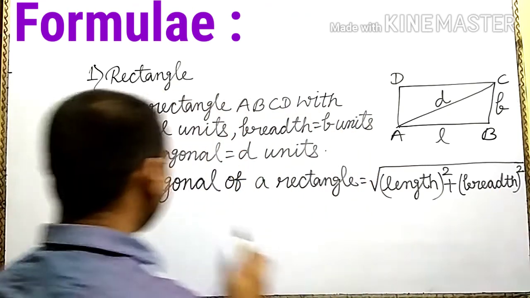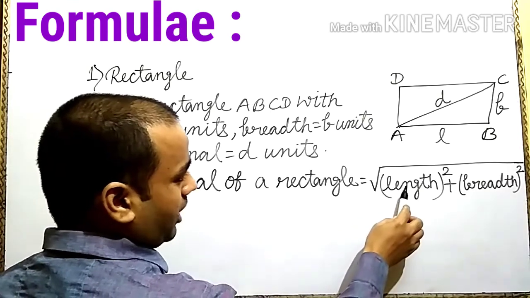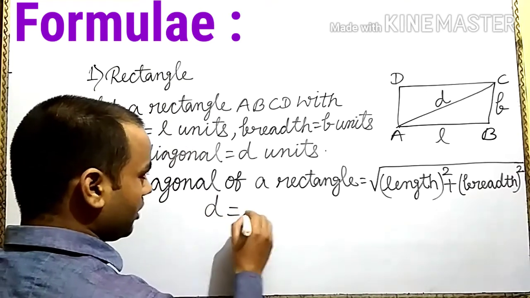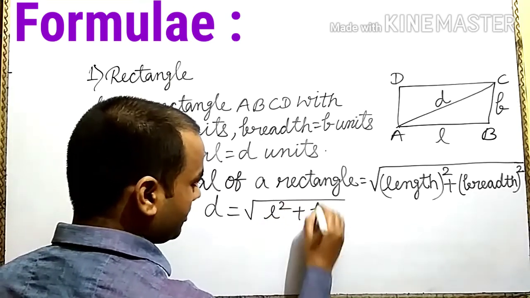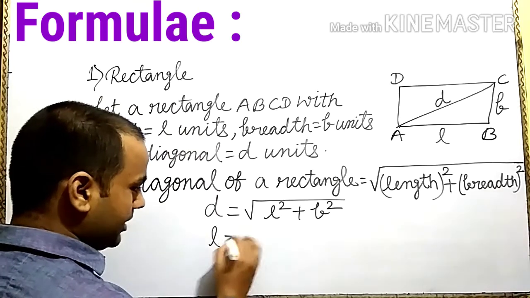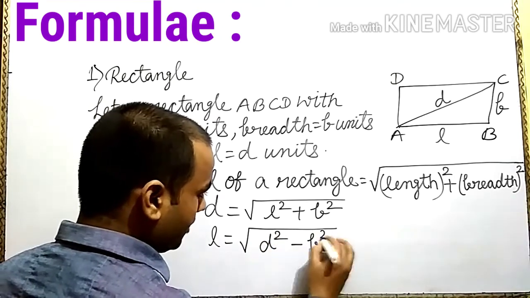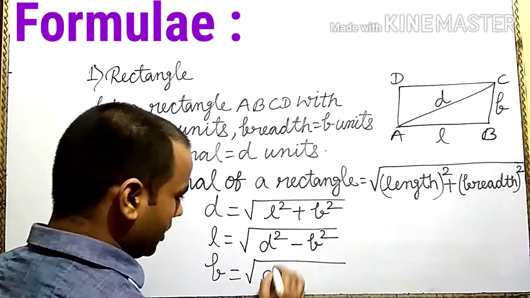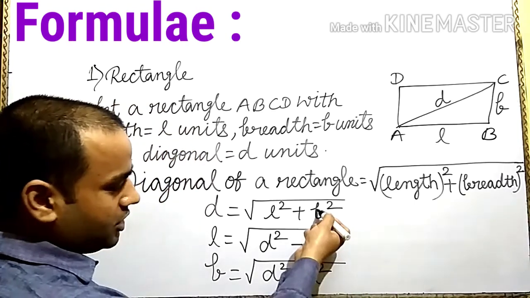We read it this way: diagonal of a rectangle is equal to the square root of the square of length plus the square of breadth. In short form, D is equal to square root of L square plus B square. Here find the conversion. L is equal to square root of D square minus B square, and breadth is equal to square root of D square minus L square. We find both conversions of this formula.